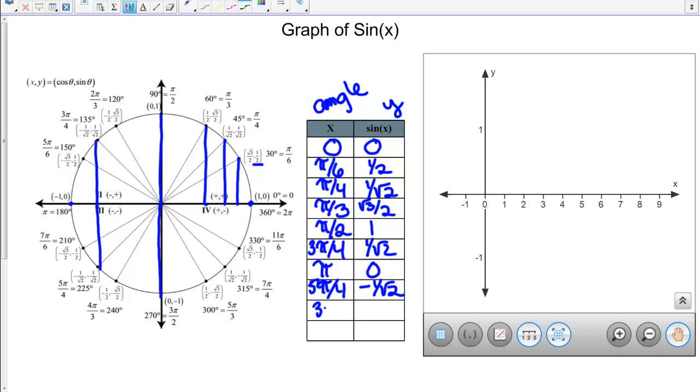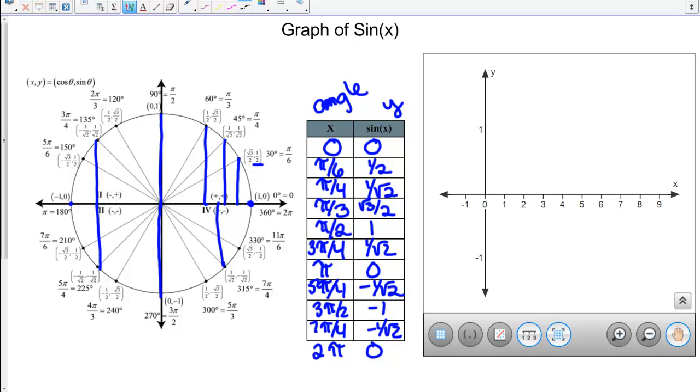At 3 pi over 2, we have a height of negative 1. At 7 pi over 4, we have a height of negative 1 over square root of 2. And then we get back to 2 pi, we have a height of 0.